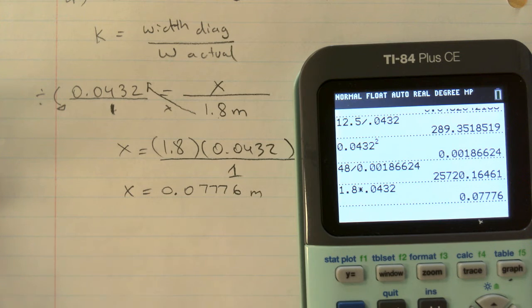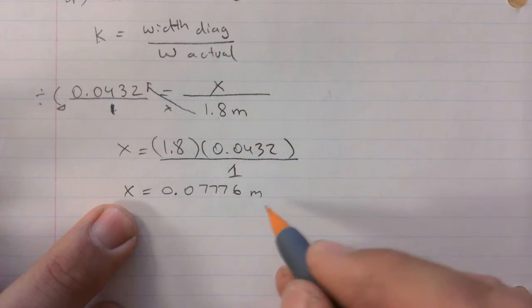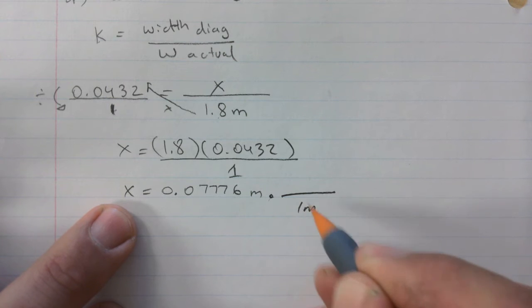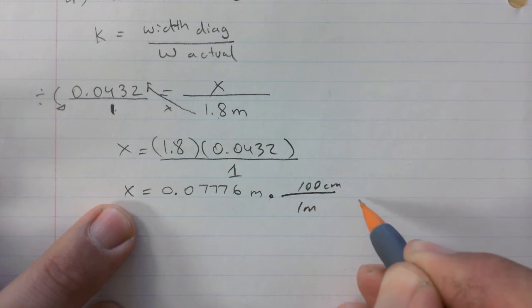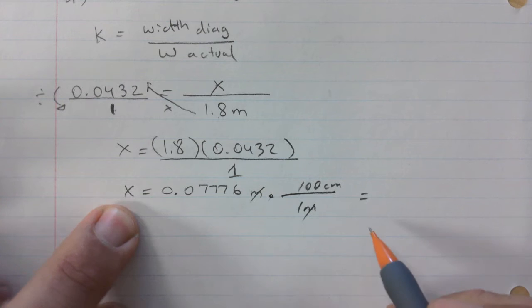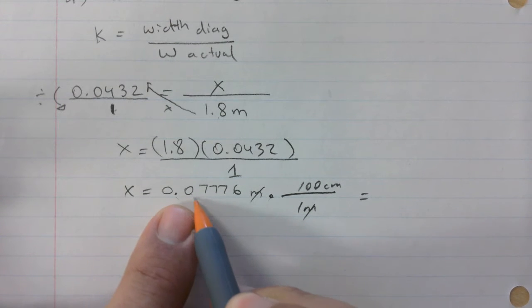Meters. Would this be a good way to state your final answer? I would be okay on a test. Technically, I didn't ask you, but we're going to convert it to centimeters, all right? Because it looks weird. So we're just going to go 1 meter as 100 centimeters. Cancel, cancel. So the decimal just shifts over 2 spots.